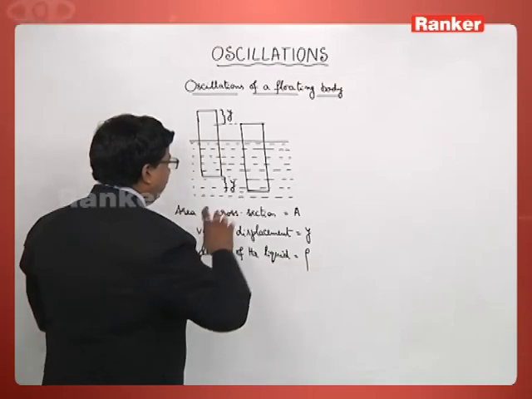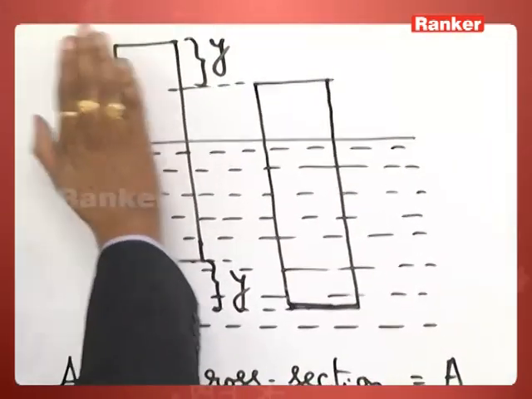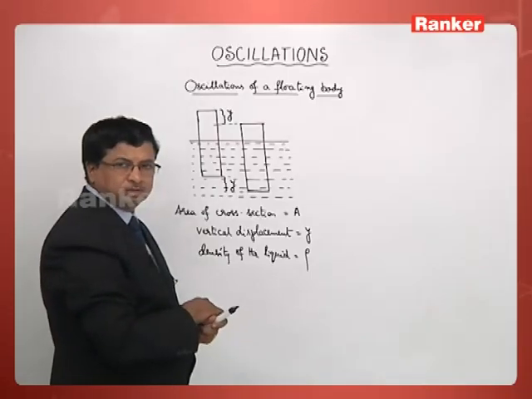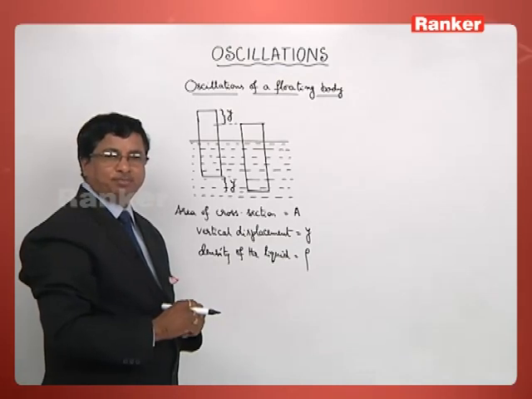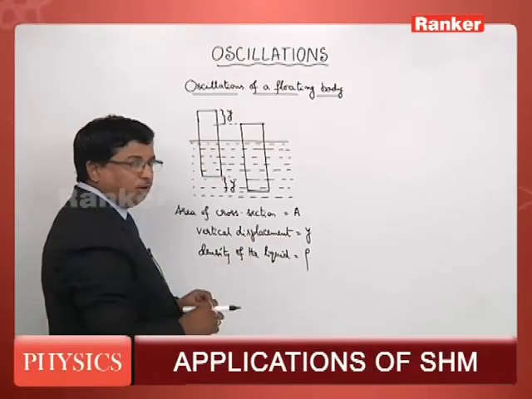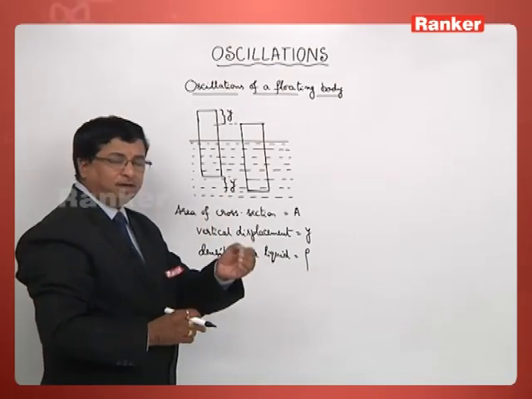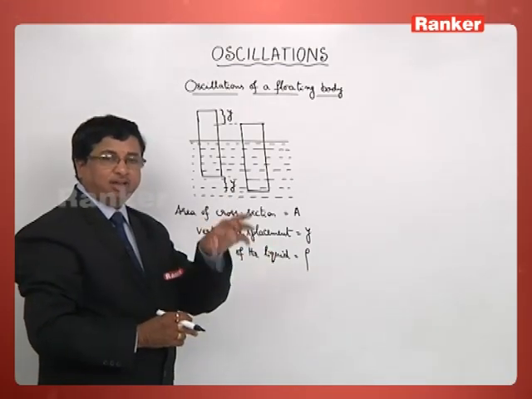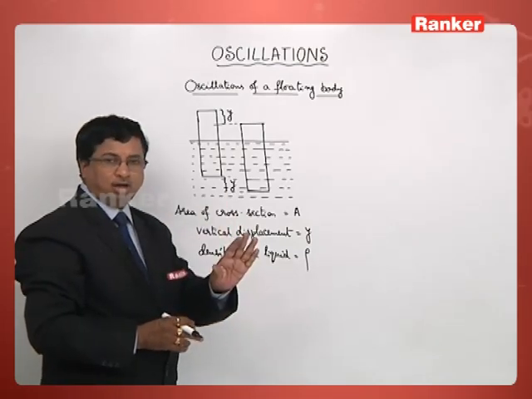Then what one should understand in this case is, initially the body is in equilibrium. Body in equilibrium means what is the condition over here in the case of fluids? The weight of that portion whatever is dipped inside the liquid and the buoyant force whatever that is acting in the upward direction, both are equal and opposite.